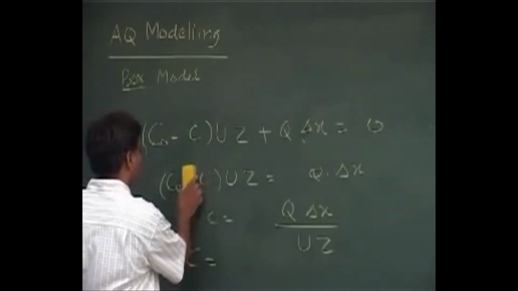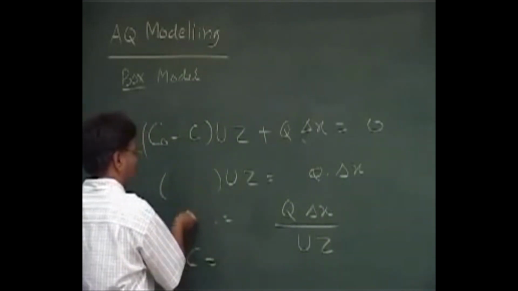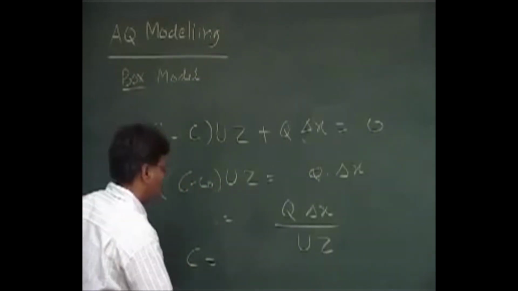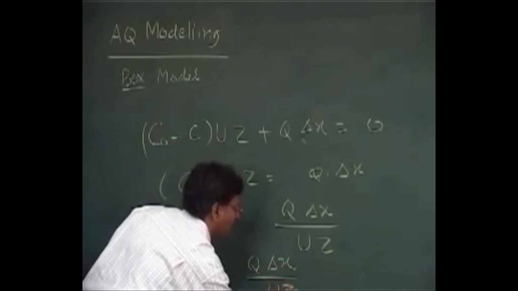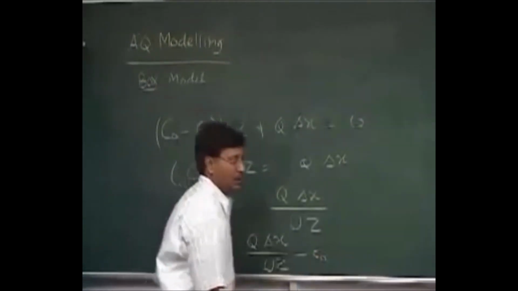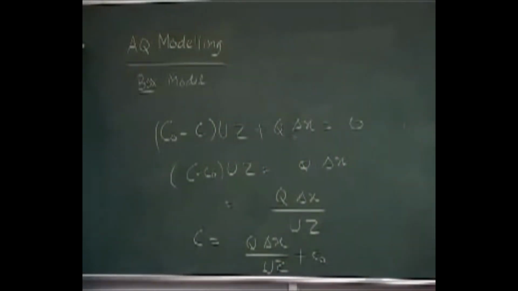So I can say this is C minus C naught. So you should get something like this, plus C naught. So that is how you can find out the concentration.